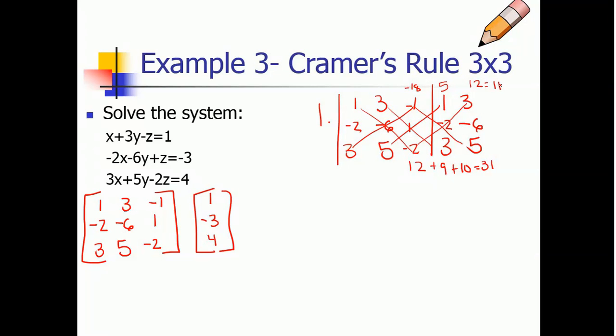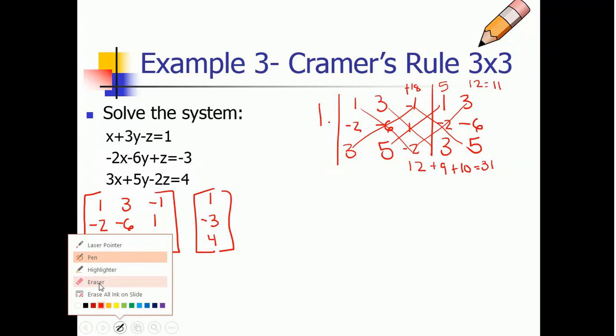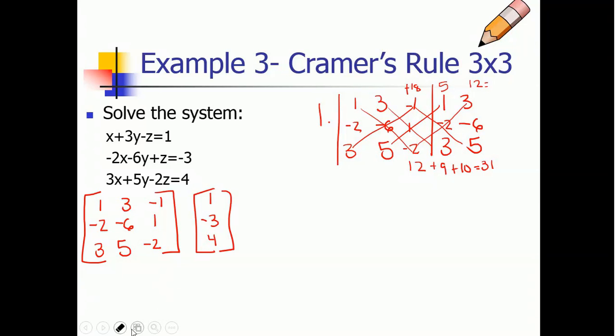Oh, that's a positive 18. My bad. So that would be not 11. That would be 35, it looks like. So bottom minus top, 31 minus 35 is a negative 4. So my determinant is negative 4.